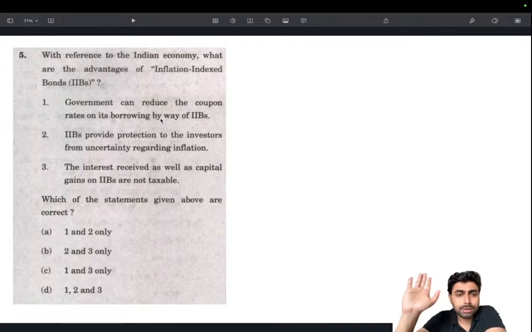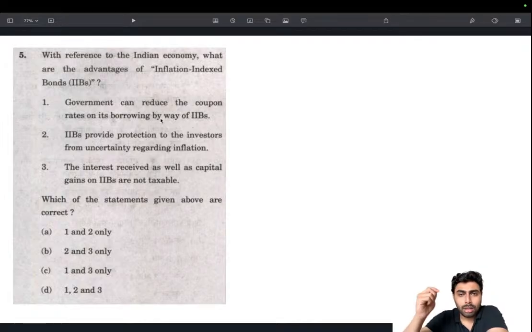Inflation indexed bonds, meaning that the bonds are adjusted to inflation. So what could be done? Bonds pay a coupon rate. Usually that's how the bondholders make money, or that's how it becomes a financial instrument. And if it's inflation indexed, what happens?